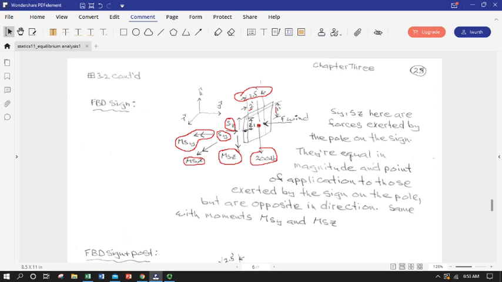So let's just check out how many equations of equilibrium could we write coming out of this FBD. We've got sum of the forces in the x equals 0, that's 1. Sum of the forces in the y equals 0, that's 2. Sum of the forces in the z equals 0, that's 3. We've got sum of the moments in the x is 0, 4. Sum of the moments in the y is 5. And sum of the moments in the z is 6.